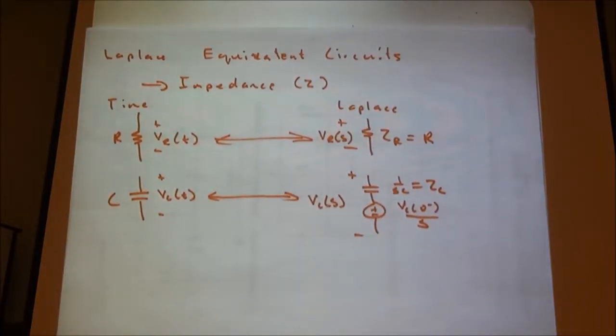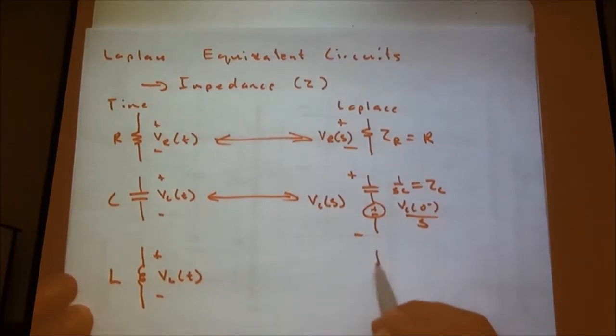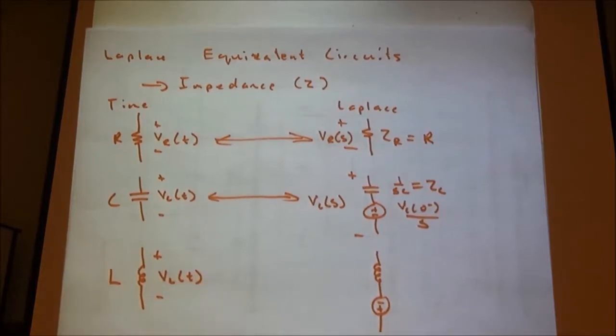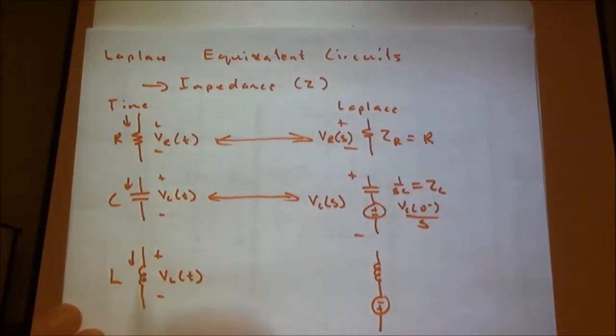And then we have the inductor. We did this all before break, but it's been a while. VL(t). The thing to remind yourself of here is the initial condition source is inverted in some sense. All these are assuming current going down. So we could add a current here, here, and here as well. That's following our polarity convention, where we assume current goes from the positive to the negative.